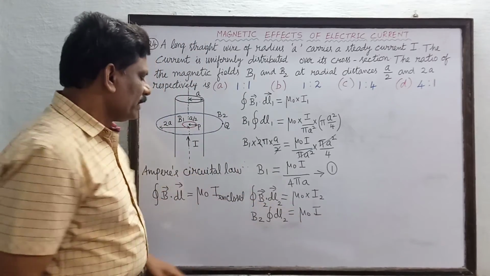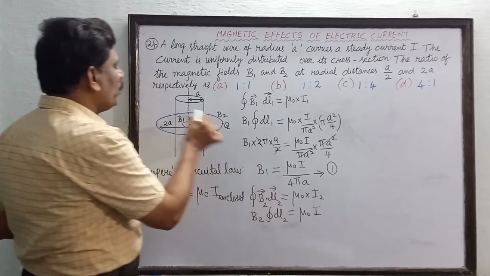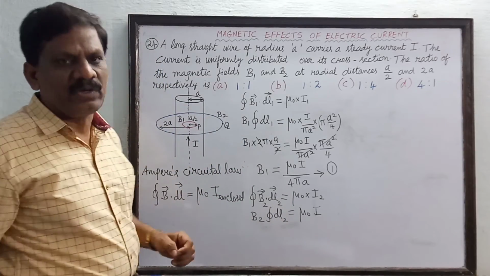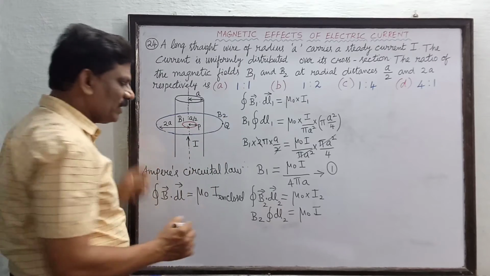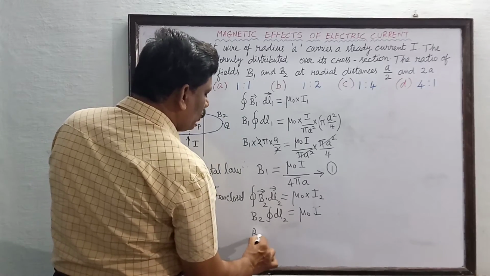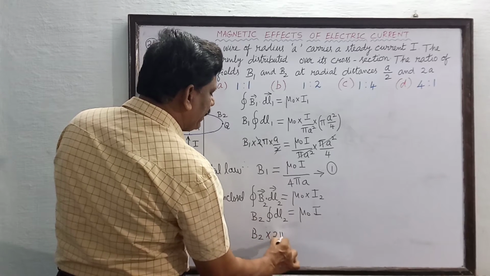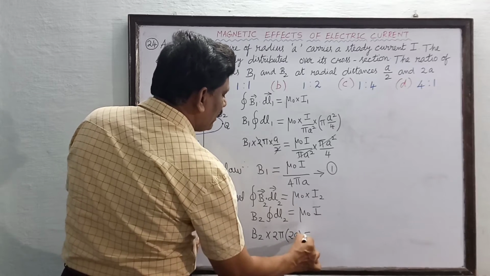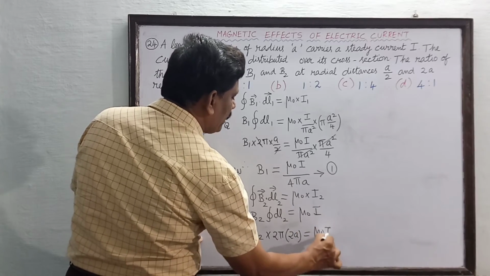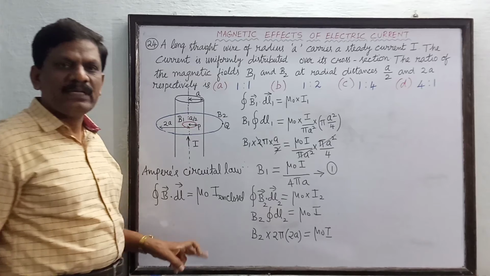Now this integral dl2 is what? The circumference of the larger loop. Circumference of the larger loop is 2 pi into radius. The radius is 2a. So B2 multiplied by 2 pi into the radius of the larger loop, 2a, is equal to mu naught into I.